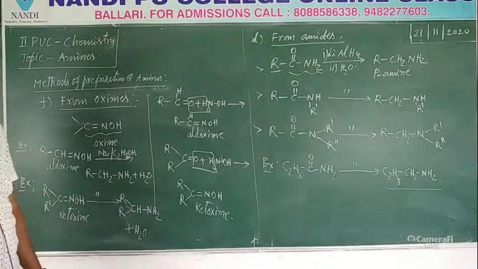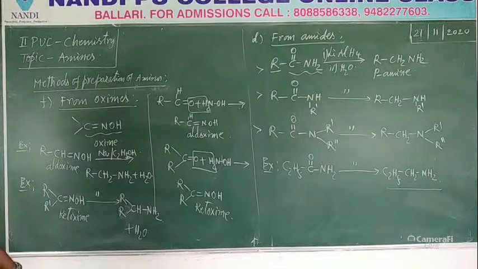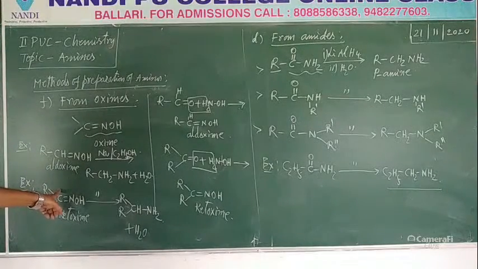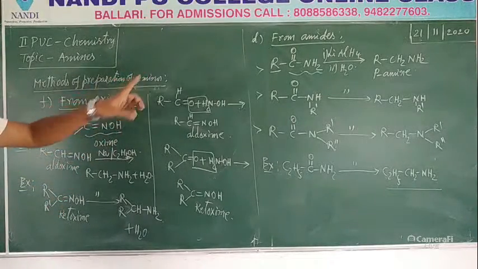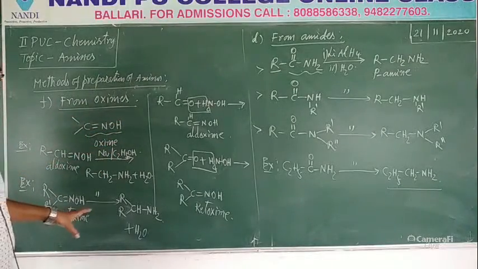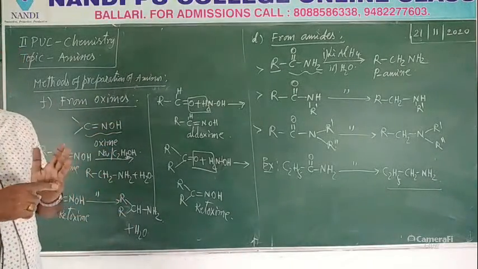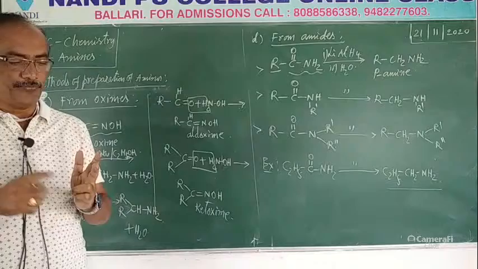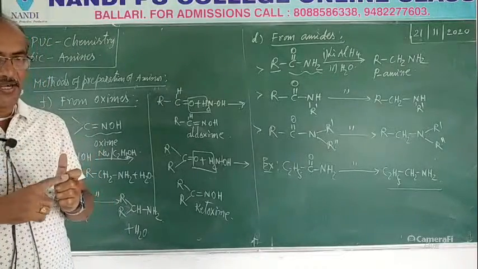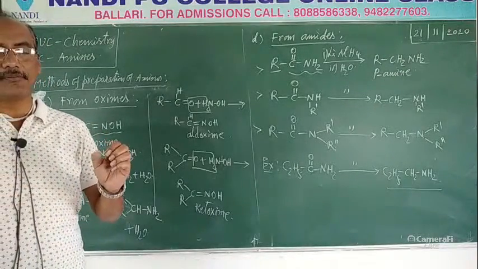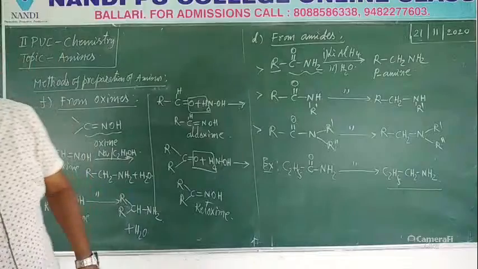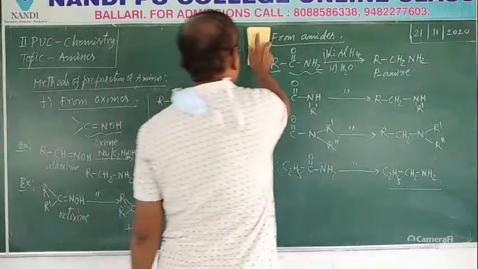You got it, children? So I have discussed 5 methods, right? Nitriles, isonitriles, azides, amides, oximes. Then let us see one more method, the 6th one.